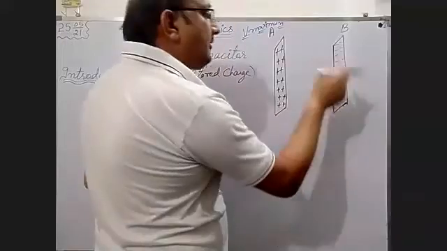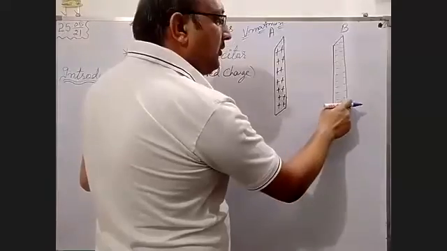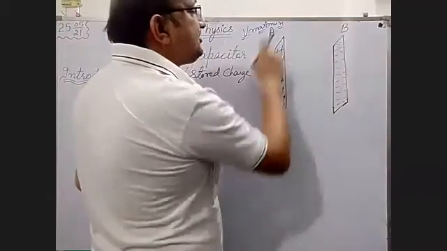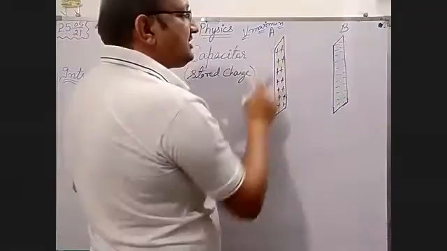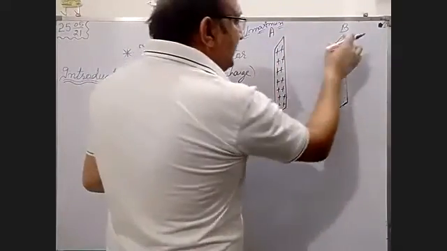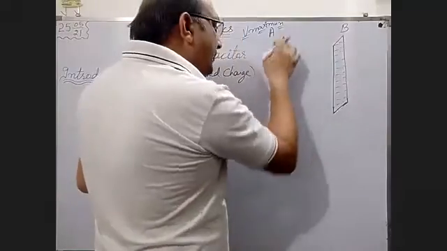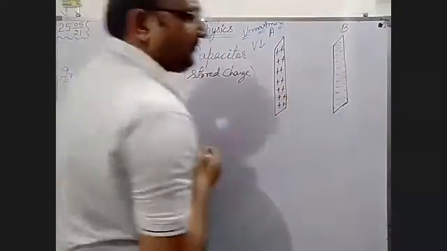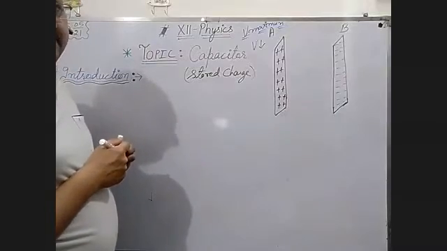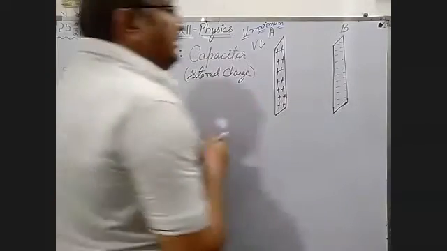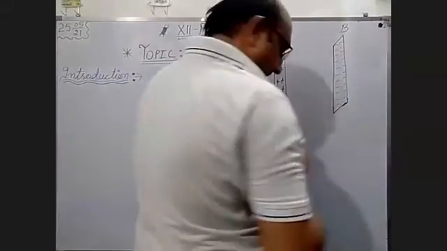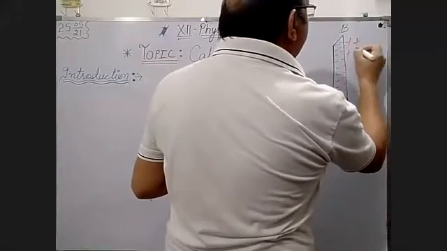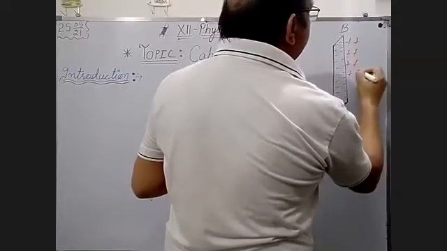What is the reason for that? The reason is that plate A is charged. After this induction, the potential on plate A will decrease due to the charging of B. On the other side it becomes positive charge.